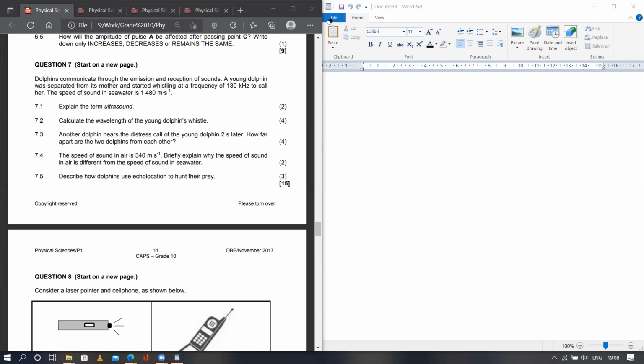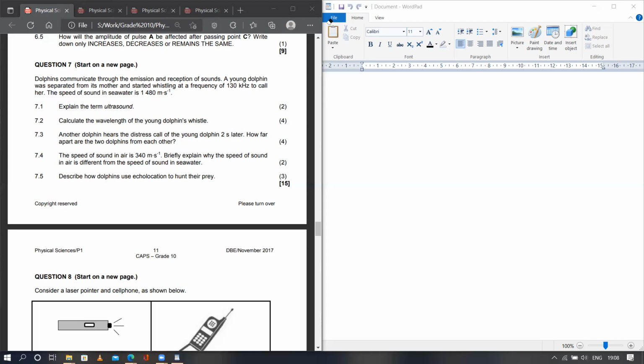So I think the most important answer is that you can say the density of air is different from the density of seawater, or you can just say air and seawater are two different mediums, so sound will not travel at the same speed in each because they have different properties, water and gas.